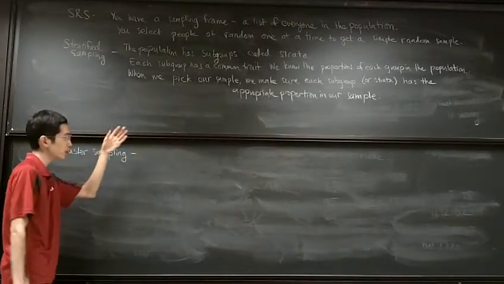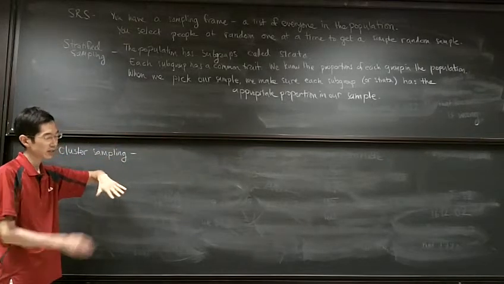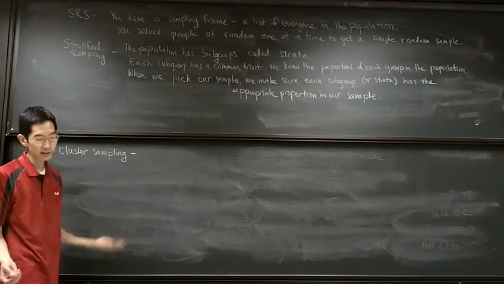So the population is divided into clusters, and it's easy to get a list of all the clusters.